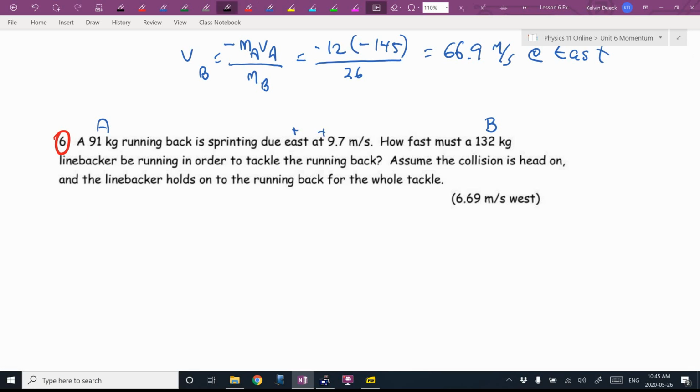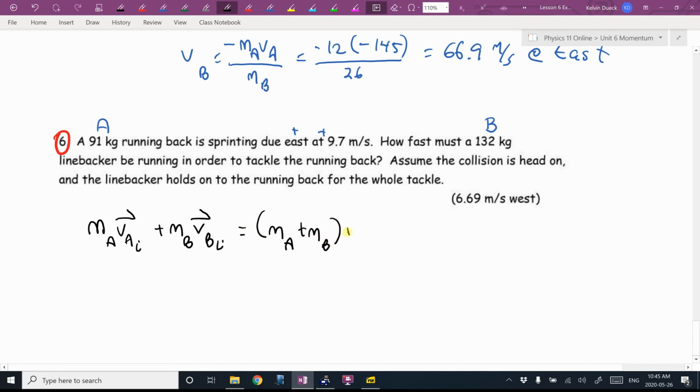Before the collision, what's moving? Mass A and mass B, because they're running towards each other. And they stick together. It wants me to figure out how fast the linebacker has to be. Oh, by the way, actually, I know this answer. This is going to be 0, because the final momentum is going to be, we want to bring this running back to a stop.